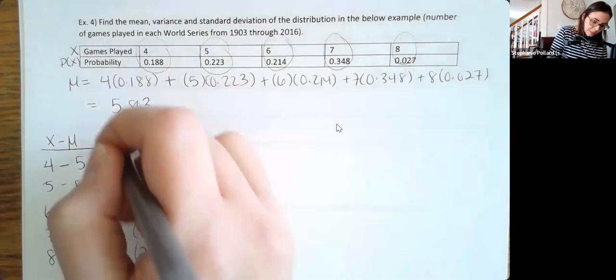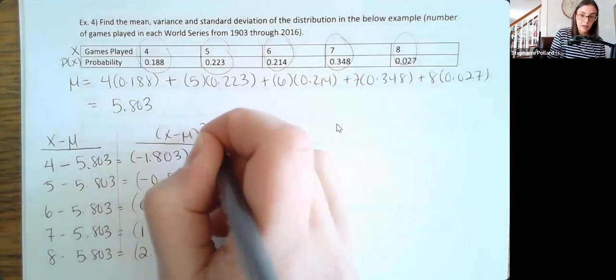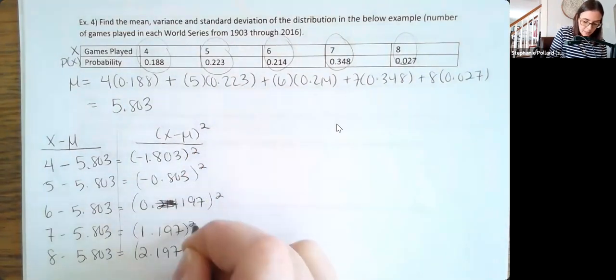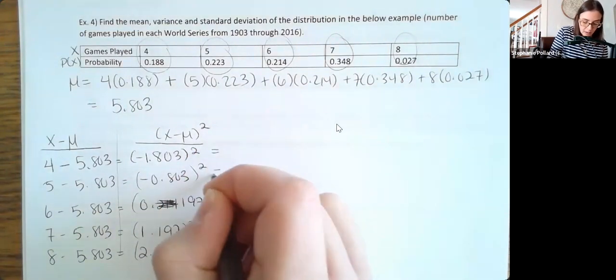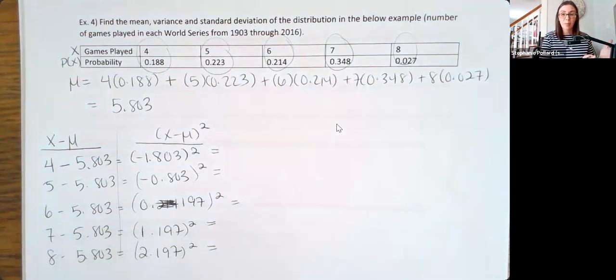And then your next step, don't forget, is to take that subtracted value and square it. I recommend using as many decimal places as you can, because you can always round at the end. But if you use too few decimal places and the final answer wants you to use like 3 decimals or 4 in your final answer, you're not going to have enough. So use extra decimal places. You can always round at the end.